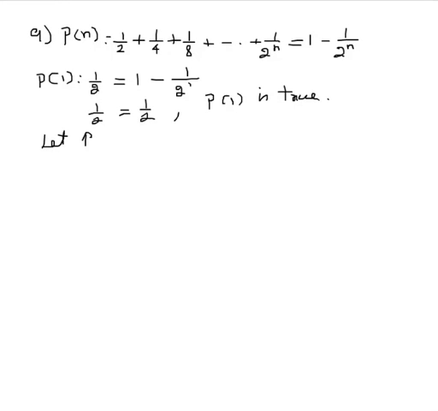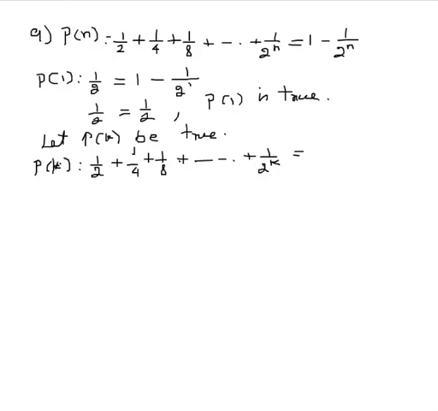Now let P of k be true. The P of k statement is half plus 1 by 4 plus 1 by 8, etc. The kth term is 1 by 2 power k, equals 1 minus 1 by 2 power k.